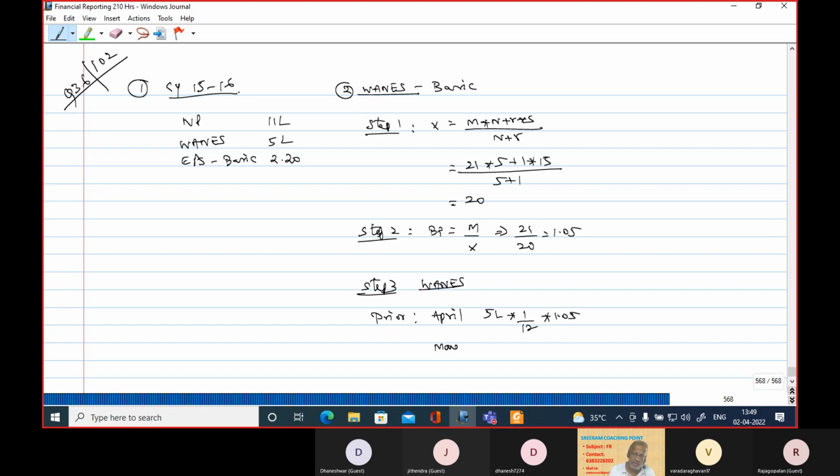From May to March, 5 lakhs plus 1 by 5 into 5 lakhs into 11 by 12. So 5 lakhs into 1.05 divided by 12 is 43,750. Am I right?